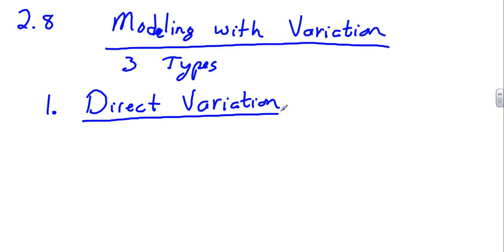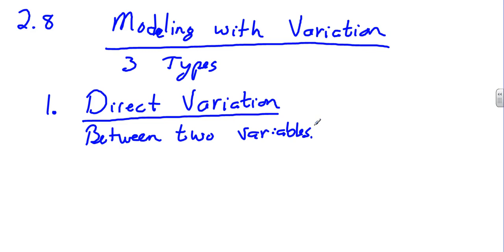And direct variation, the biggest thing with direct variation, this is always between two variables. And basically, here's what direct variation is. If you raise the price, if we're talking about price-wise, if you raise the price on one variable, it increases the price on the other variable.